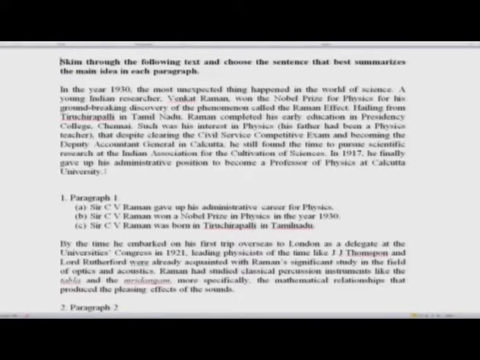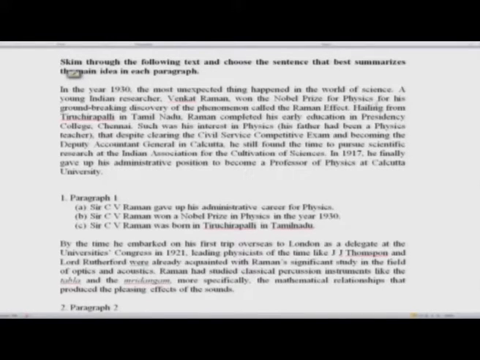So, what are the key words in this particular paragraph? So, you know the year 1930, what happened? Young Indian researcher, this is a key word. Which young Indian researcher is this about? This is about Venkat Raman. What happened in the year 1930?